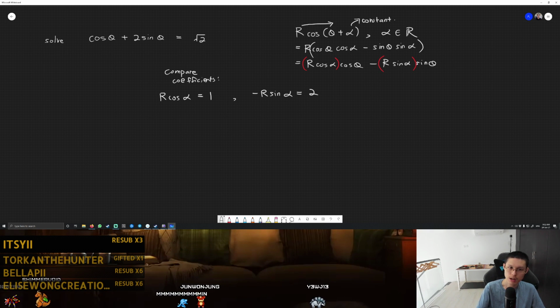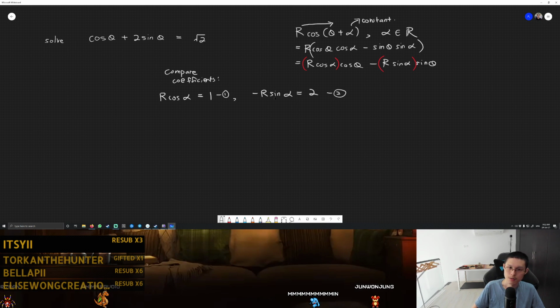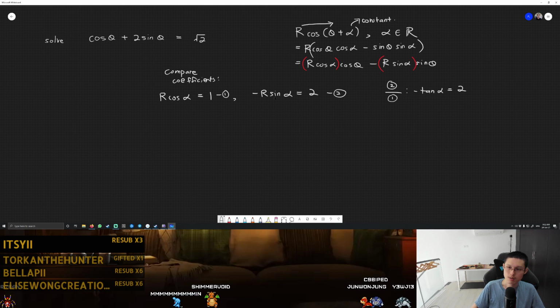We have two unknowns, r and alpha, and two equations, so we can solve it simultaneously. Let's call this equation 1, and this equation 2. We can take equation 2 divided by equation 1, which is going to give us negative tangent alpha equals 2.